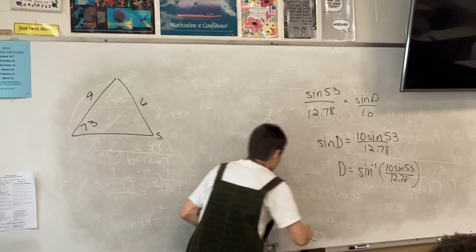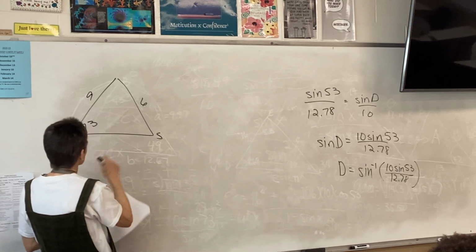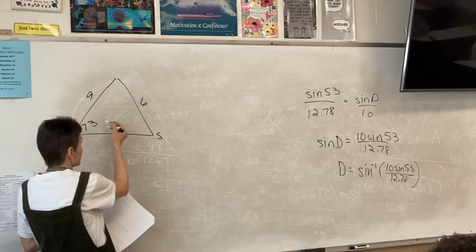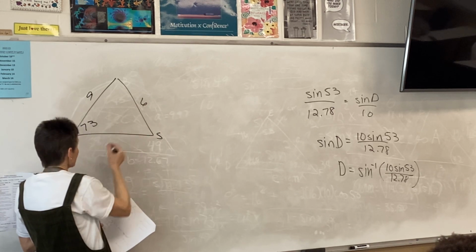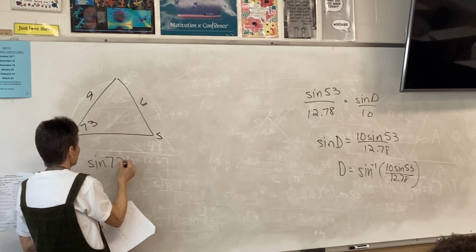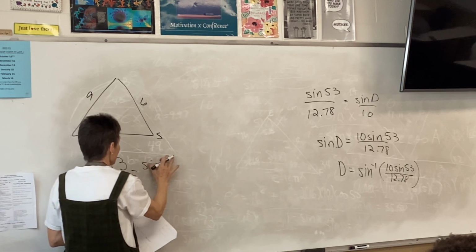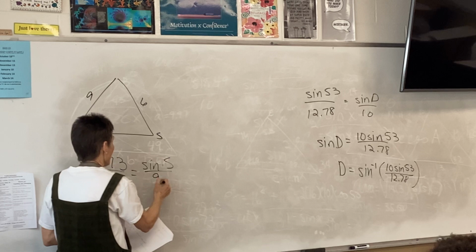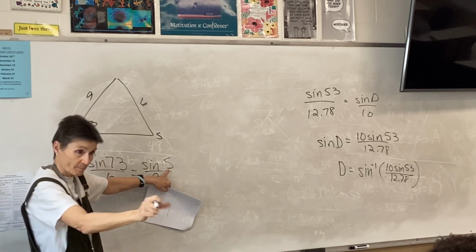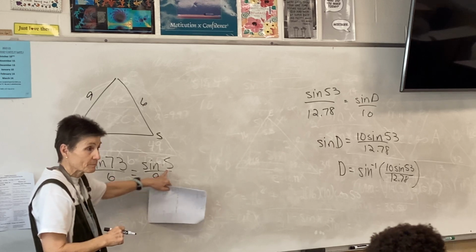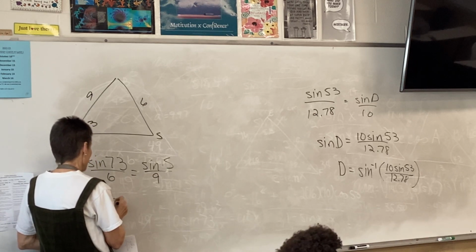All right, so here we go, problem 3A. See this right here? That's my clue. Sine 73 over 6 equals sine S over 9. So this is going to be another one where we have to second. So we'll cross multiply.